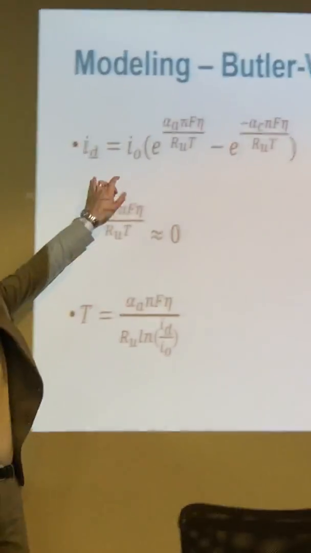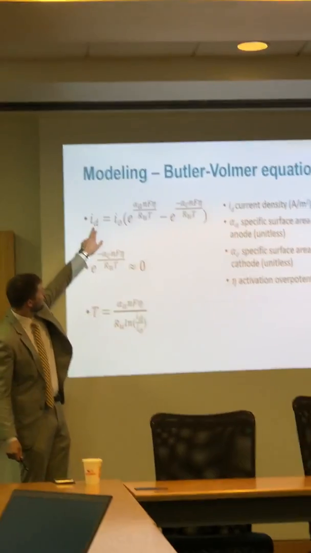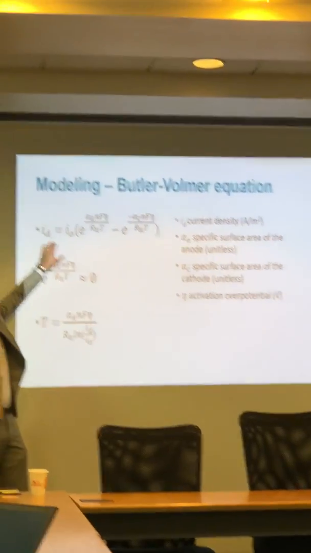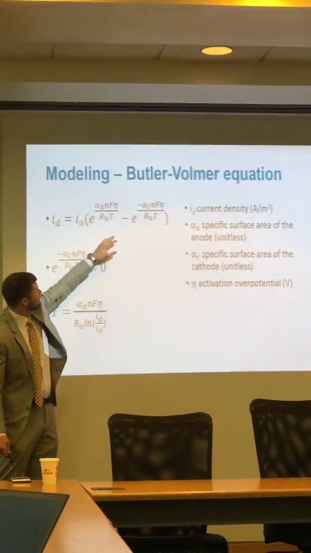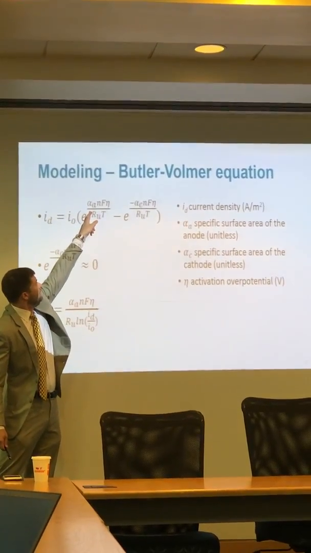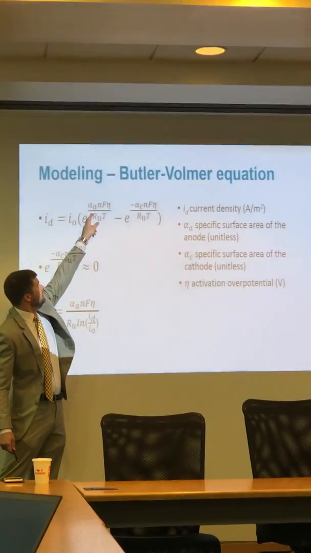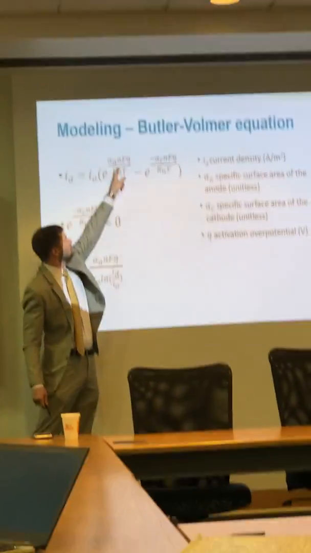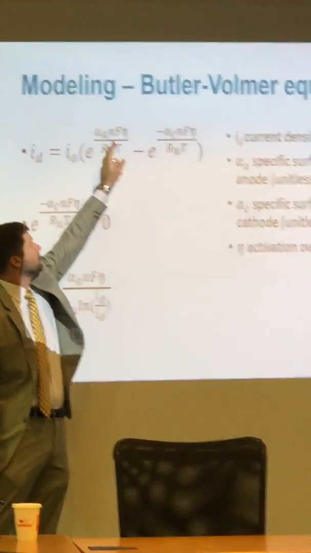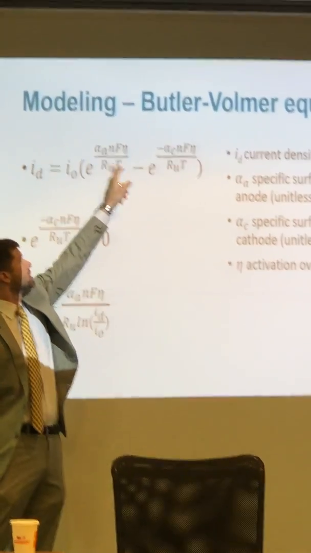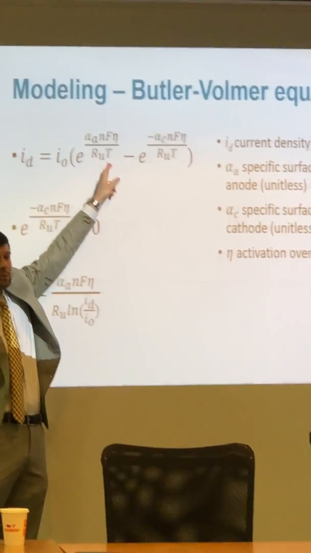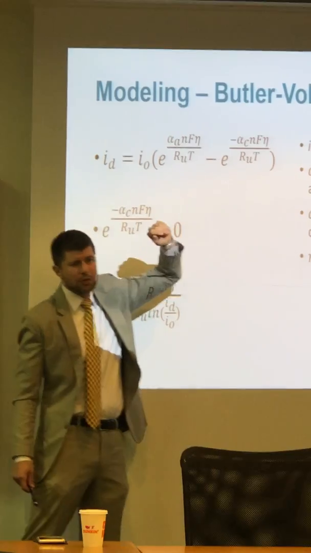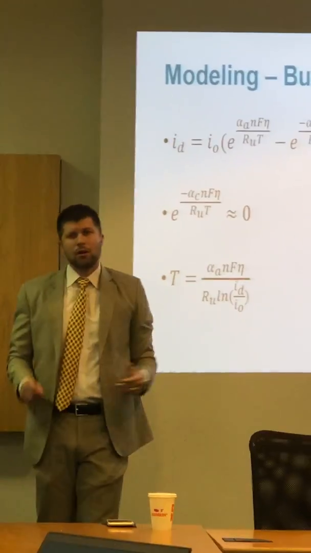And if we look here at the Butler-Volmer equation, we see, yeah, it relates our current density to our temperature. Specifically, exchange current times exponential of the specific surface area of the anode times 1 electron per lithium ion times Faraday's constant times the voltage overpotential divided by universal gas constant times ambient temperature. Minus essentially the same thing with the cathode.